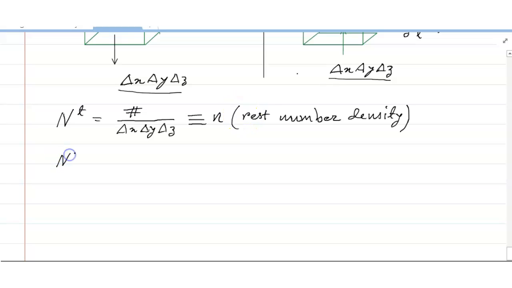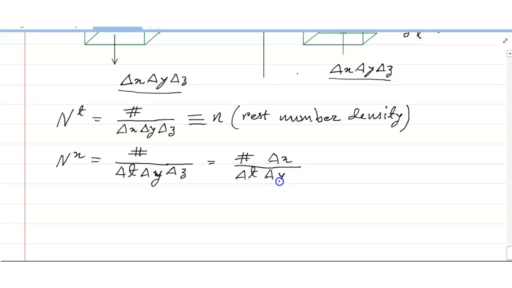Nx equals the number divided by del t, del y into del z. It can be written as del x divided by del t into del y into del z into del x, and it can be written this way: ux into n.